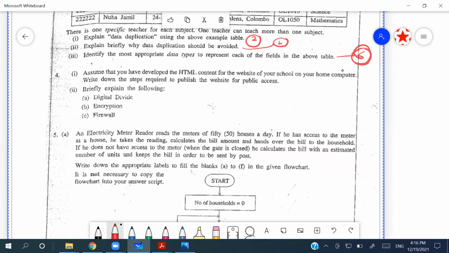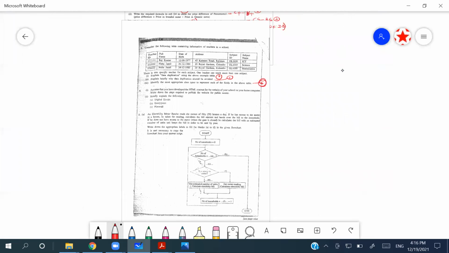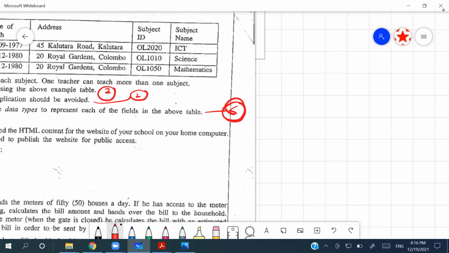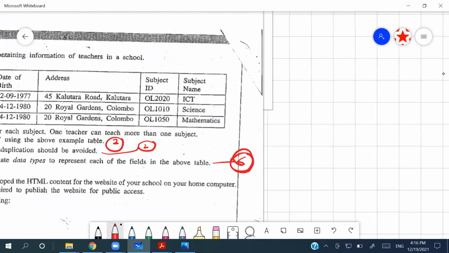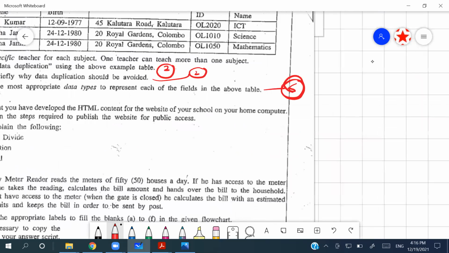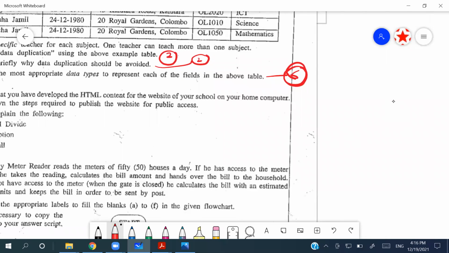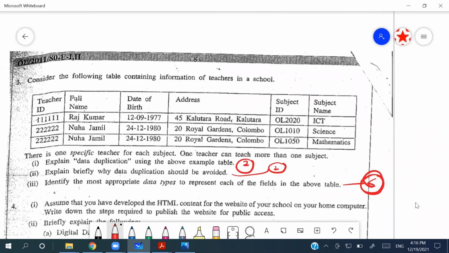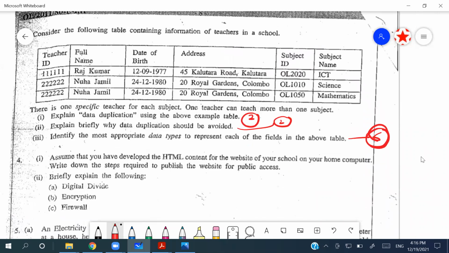In the fourth, assume that you have developed HTML content for the website of your school on your own, on your home computer. Write down the steps required to publish the website for public access.